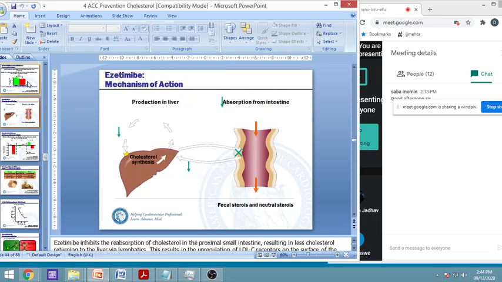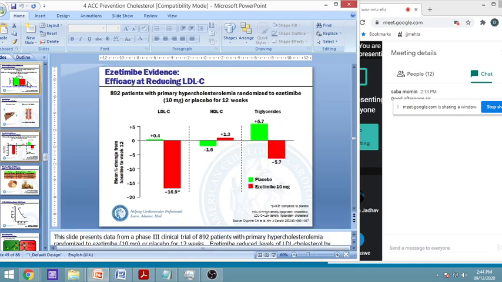Then another drug which is decreasing the absorption from the intestine is ezetimibe. This drug will not allow absorption, and it will be excreted in feces, so fecal neutral sterols will be increasing. What it causes is approximately a 16 or 17% decrease in LDL, which is a good sign.